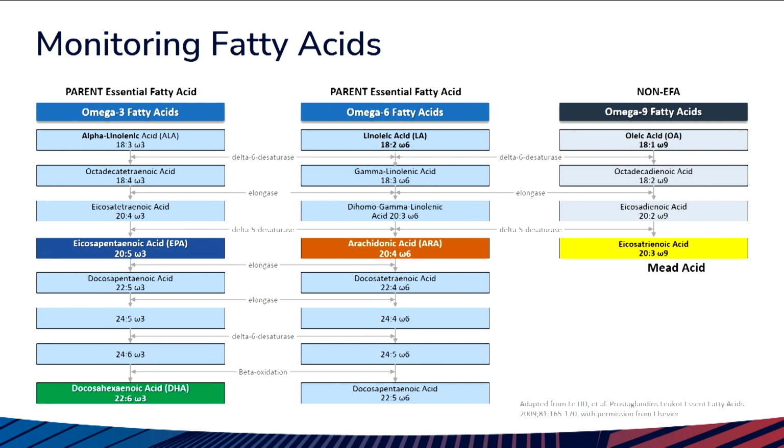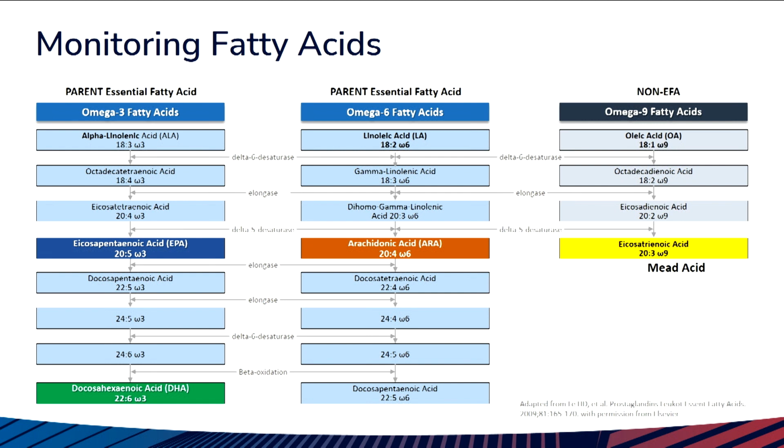When you look at the essential fatty acid pathways, each column is a parent group: omega-3, omega-6, and omega-9. Omega-9 is considered non-essential because our body can make it on its own, whereas omega-3 and omega-6 we have to take in from our food, or if a patient is on parenteral nutrition, they get it from their fat source.